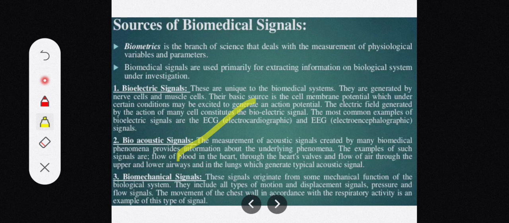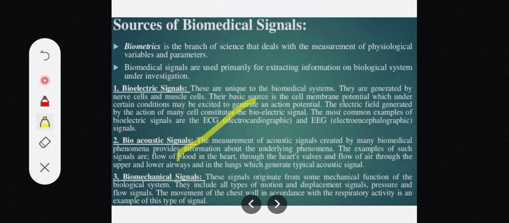There are many biological systems inside a human body or inside a living being that create acoustic signals, and these acoustic signals provide information about the underlying phenomena. So the measurement of the acoustic signals will give you the bioacoustic signals. In short, any biological system which is creating an acoustic signal, those signals are called bioacoustic signals.